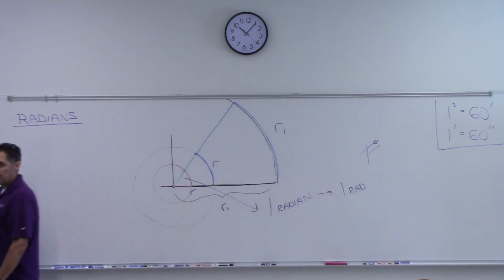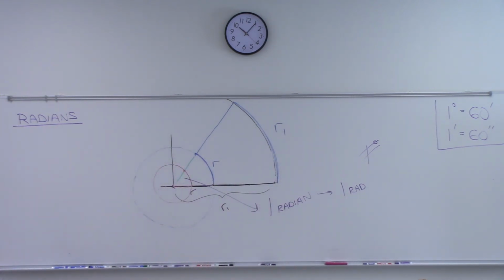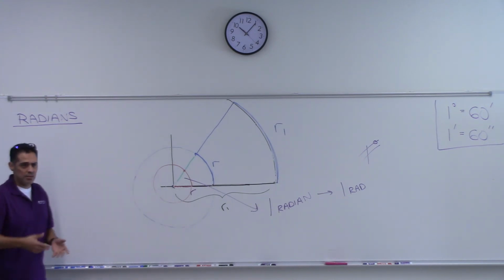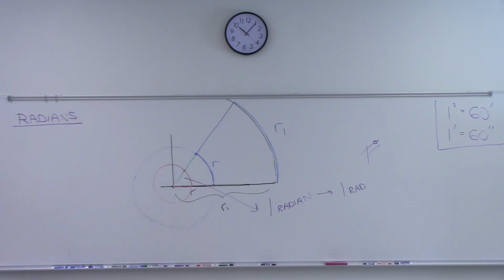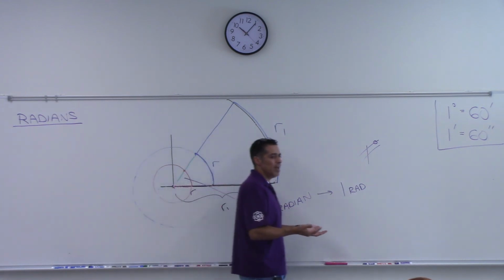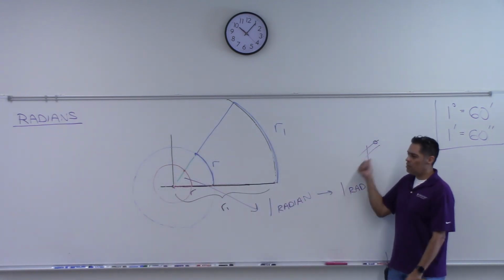You catch me on that? Your calculators have 2 modes on them. We'll see this as we move on. When we start doing sine functions, cosine functions, tangent, I'm going to say, make sure you're in the correct mode. You're either in degree mode or radian mode. Your calculator needs to know how you are measuring angles. This way or this way?